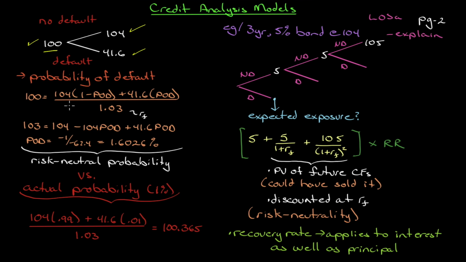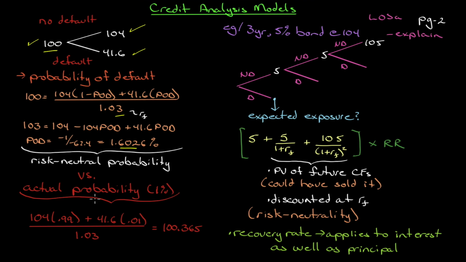So 100 will equal 104 multiplied by 1 minus our probability of default, that would be the no default, plus 41.6 multiplied by the probability of default, discounted back at 1.03. We'll call that the risk-free rate. I will explain the risk-free rate shortly. So all we have to do is expand the numerator, cross multiply, isolate for POD. We'll get 1.6026%. That is called a risk-neutral probability.